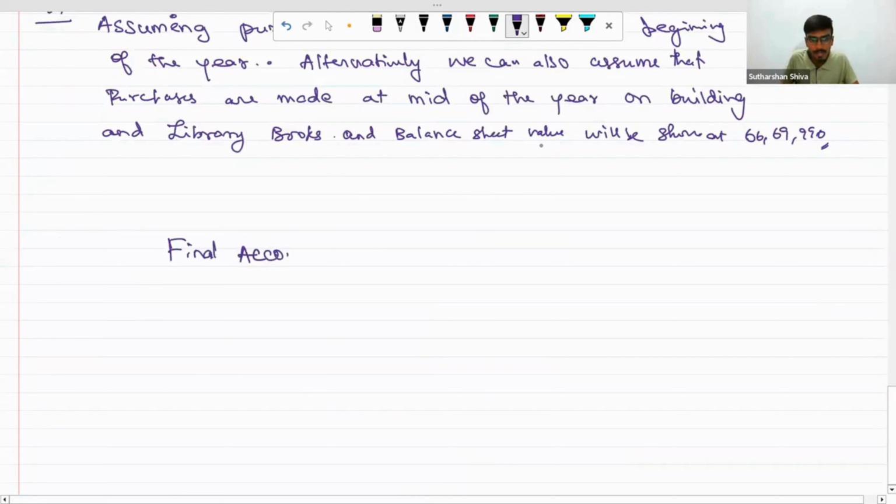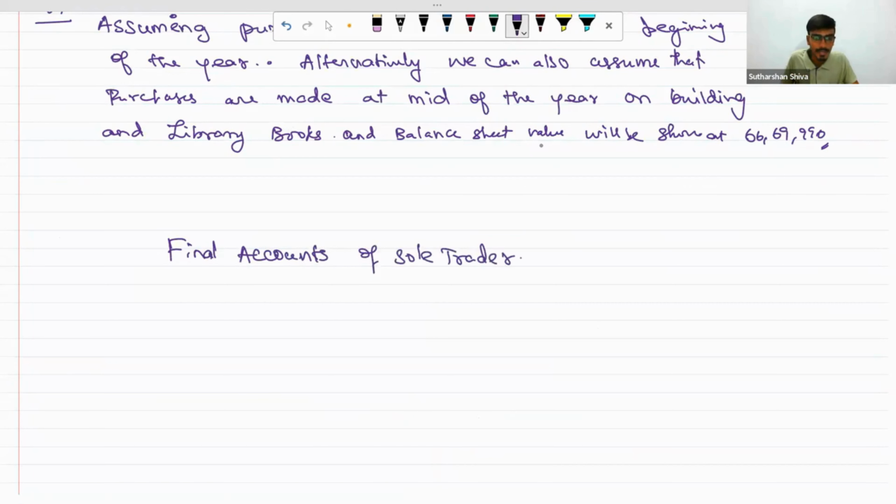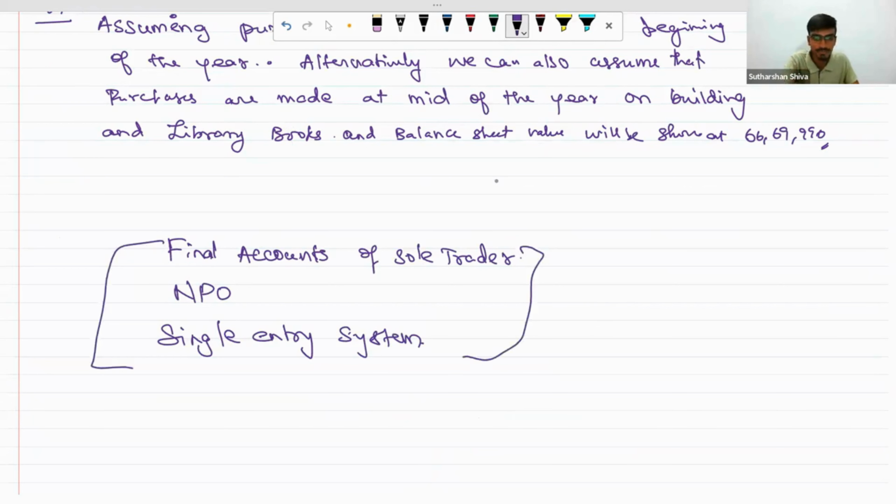This assumption you can also take in final accounts of sole trader, NPO, single entry system, and in some cases partnership. Majorly these three.